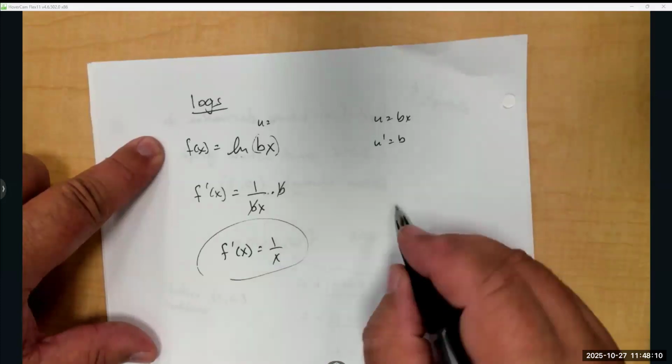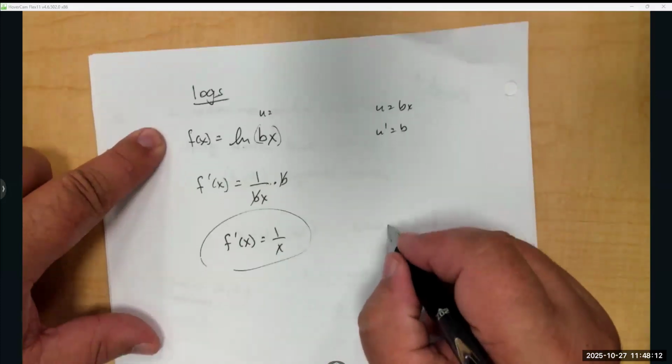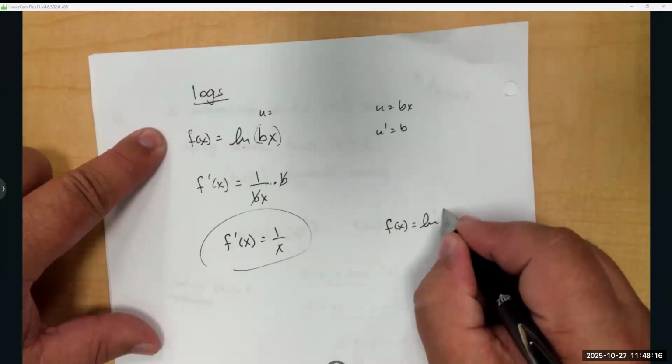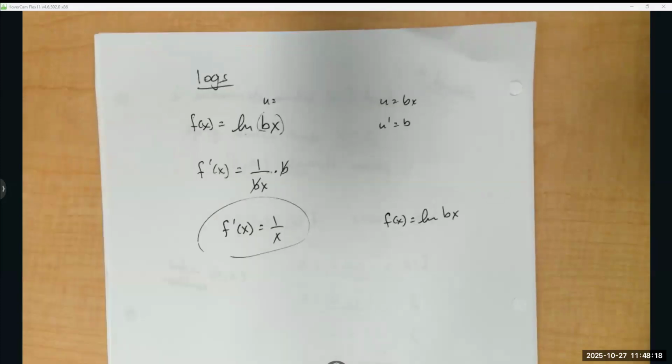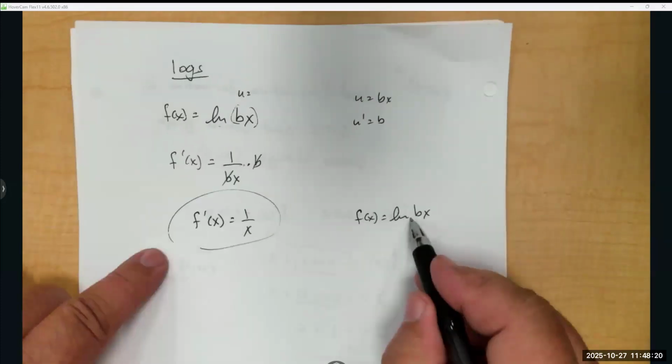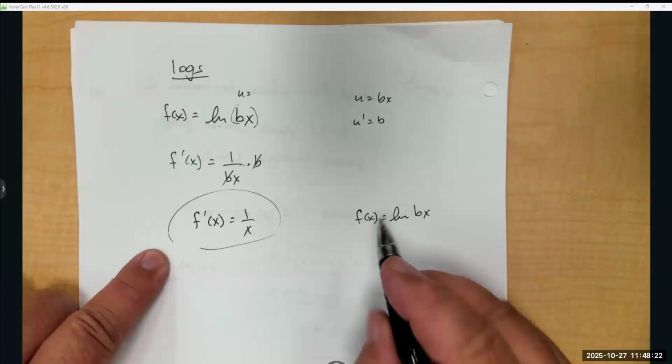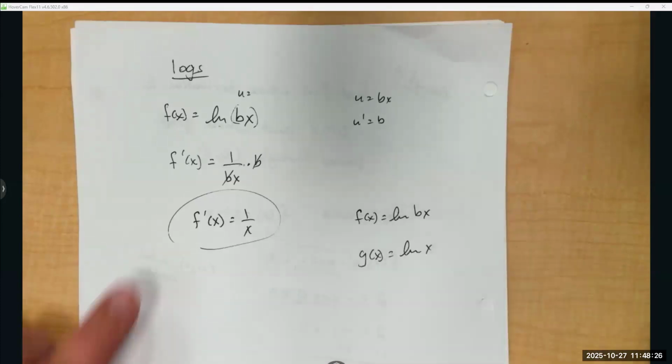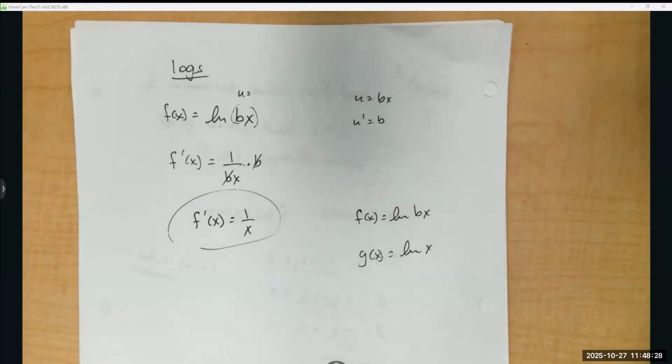Because any equation f of x equals ln bx has the same slope as ln x. How are they related?